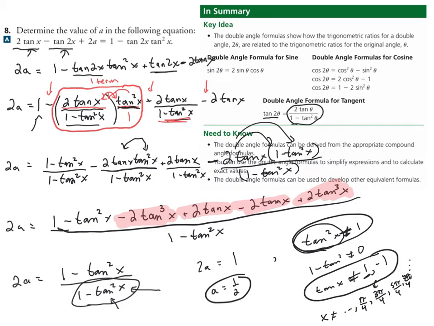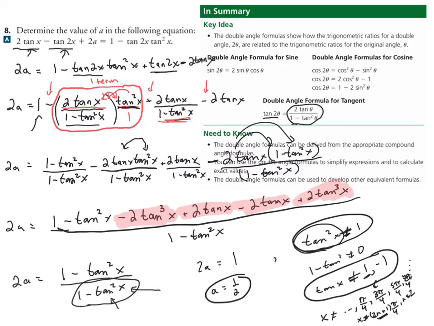Another way to write that is x cannot be (2n plus 1) pi by 4 with n belonging to the integers, so you could say Z. So x can't be any odd-numbered multiple of pi by 4.